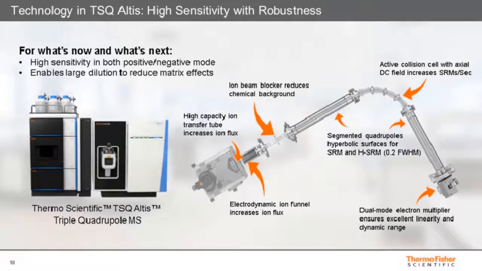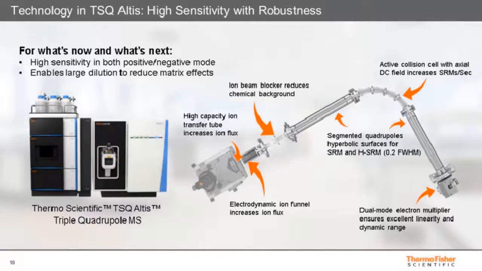The triple quadrupole used in all these experiments was the TSQ Altis. Of course, there is a lot of new technology in this triple quadrupole, and you can see some highlights on the schematic on the right-hand side of the slide. Innovation in the ion source, mass analyzer, and RF electronics offers high sensitivity, reduced noise, and more data points with high SRM rates. You can confidently quantify compounds at extremely low concentrations in the most challenging matrices, like, for instance, food matrices.